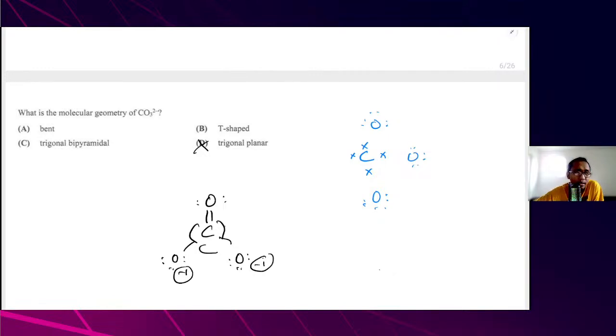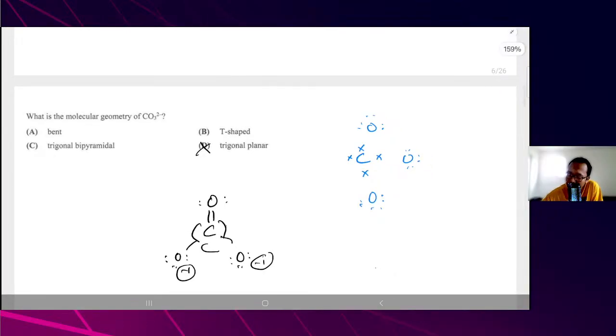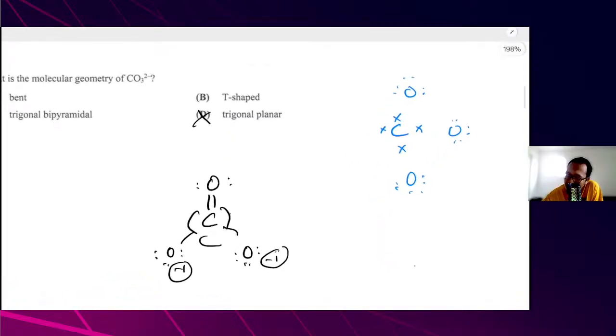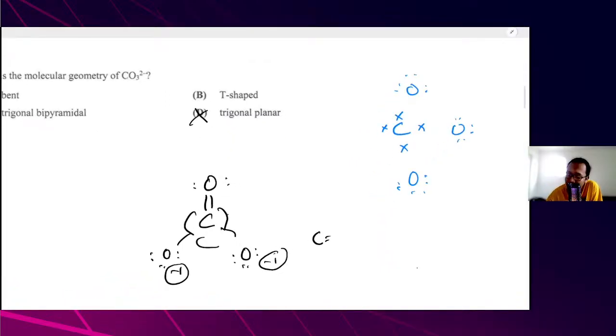So the steric number of the central atom, okay, over here the central atom is what? So there is three bonding groups and then zero lone pairs, okay? Zero lone pairs.